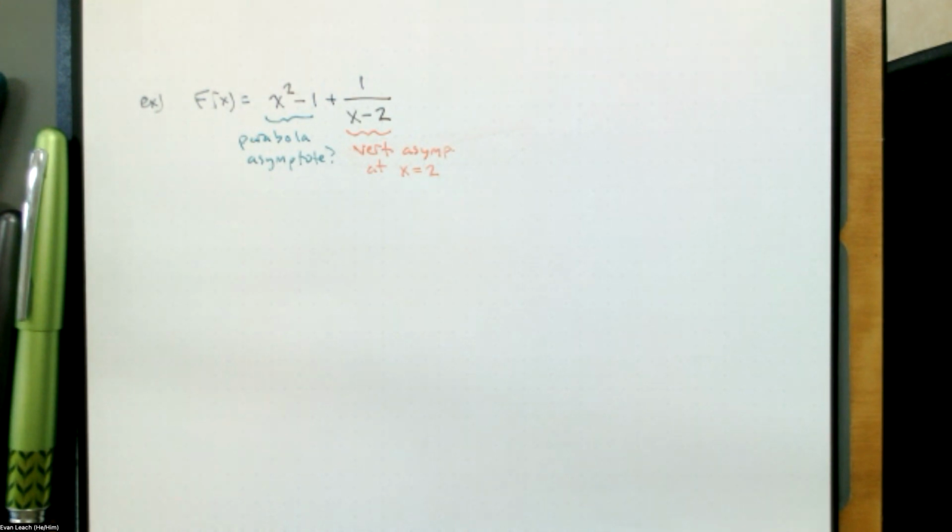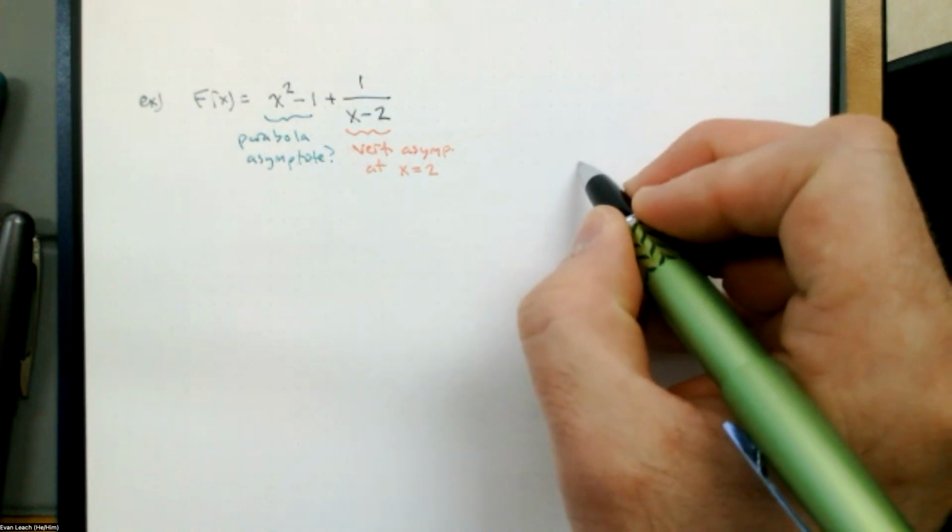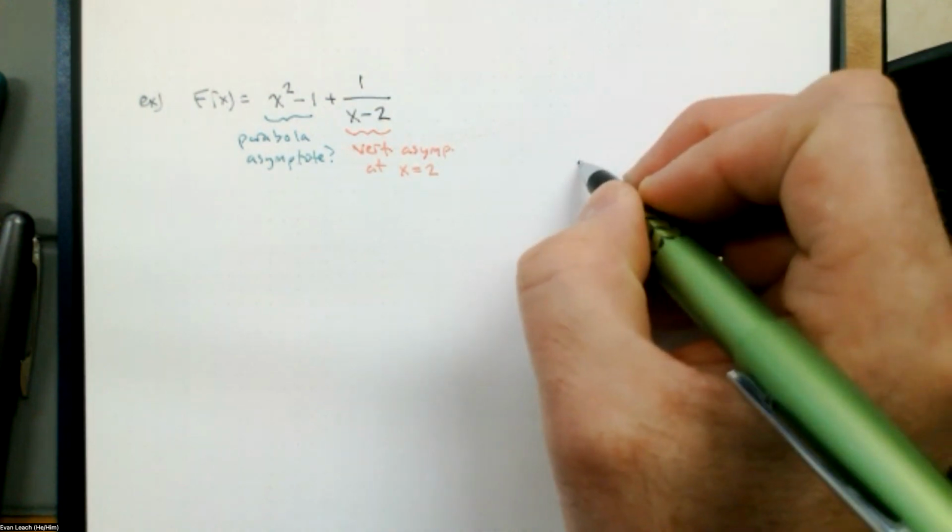so if we imagine what this graph will look like, I'm going to give myself a parabola, (0, -1).